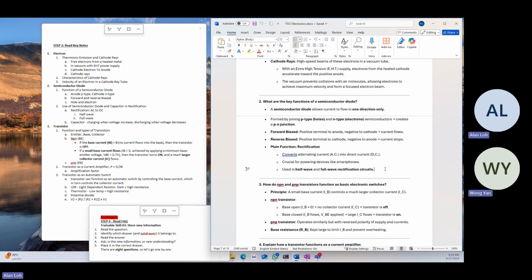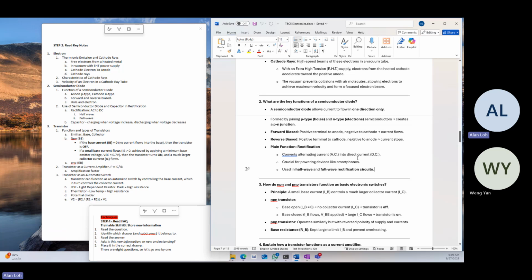Function of the semiconductor. This is the second drawer. One direction. I think there's not much new information.